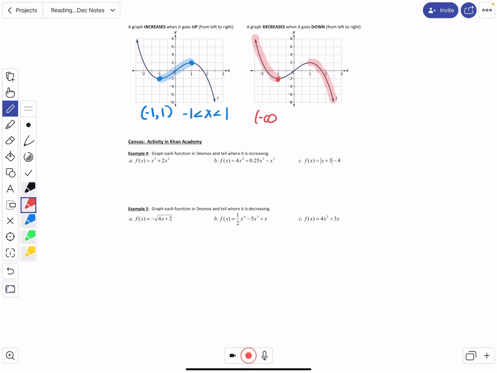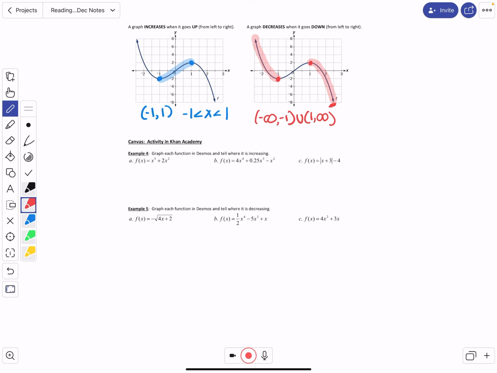And then it stops going downhill at -1. And then we do our union. And then this is where it starts going downhill again. So it picks back up at 1, and then we see that we've got the arrow here. So it's going downhill forever, so to infinity, okay?